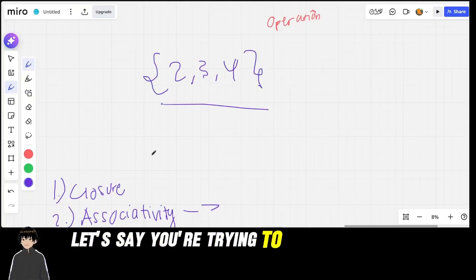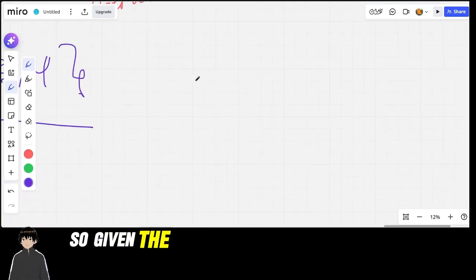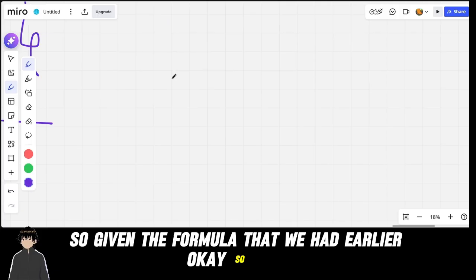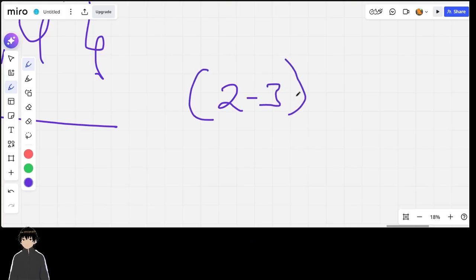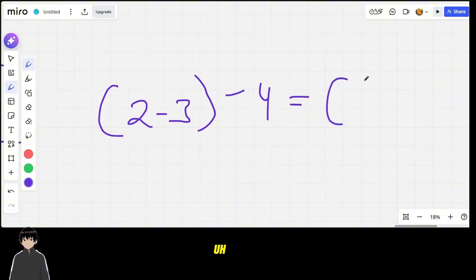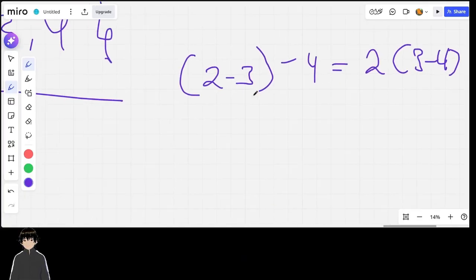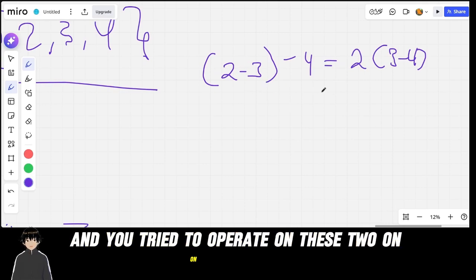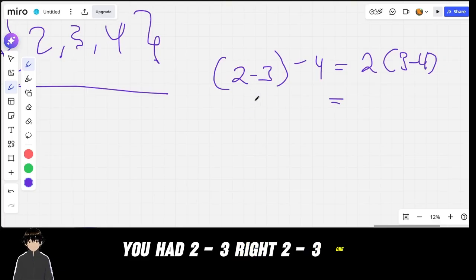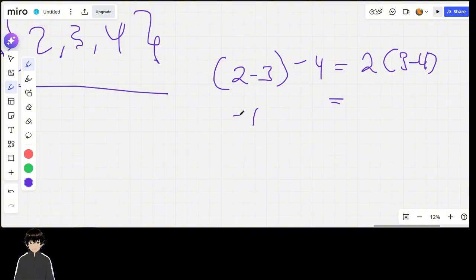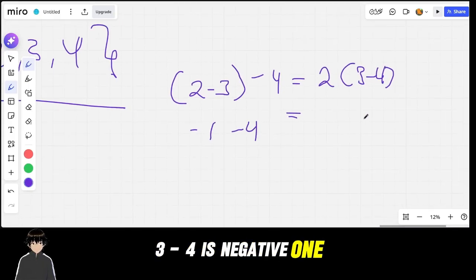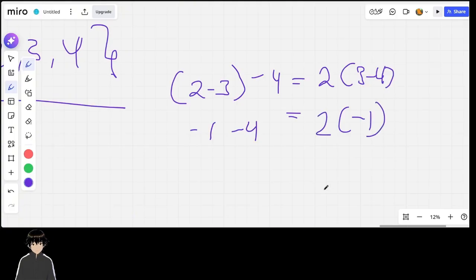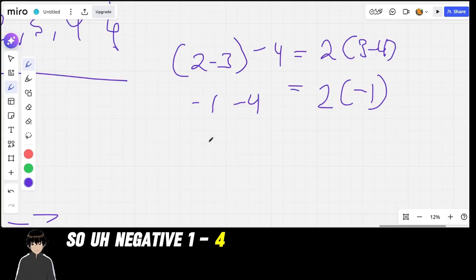Given the formula we had earlier, 2 minus 3 minus 4, on both sides. 2 minus 3 is negative 1, then negative 4, so negative 1 minus 4 is negative 5.